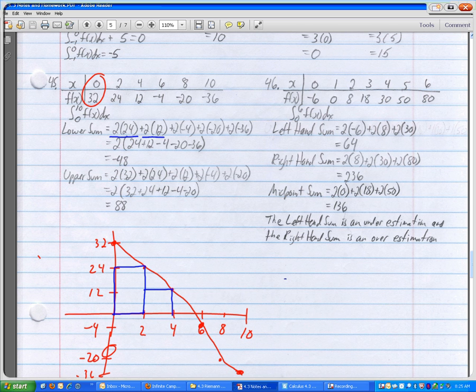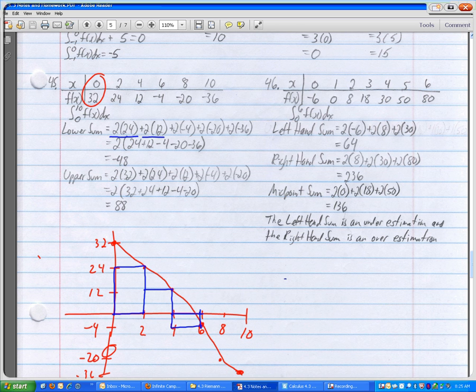Now, the next one, okay, I want to do this, but I can't, can I? And have a lower sum. So I've got to go below to here. And so now's when we get that signed area. Since the rectangle's below the x-axis, think of it as having a height that's negative. Now, there aren't really negative segment lengths.